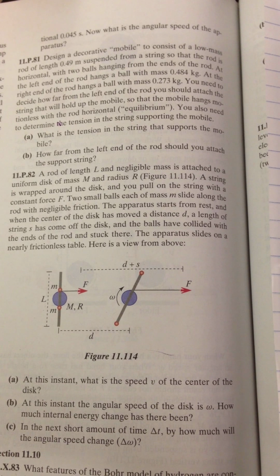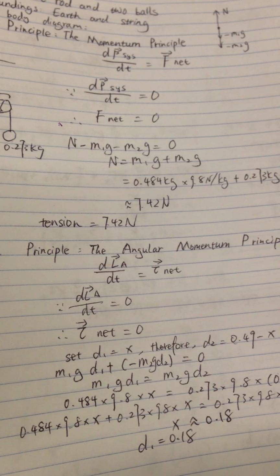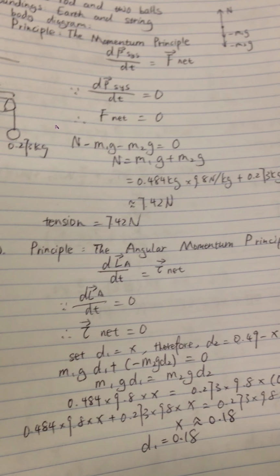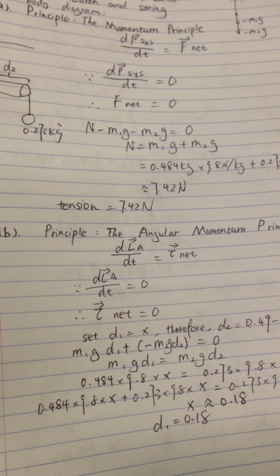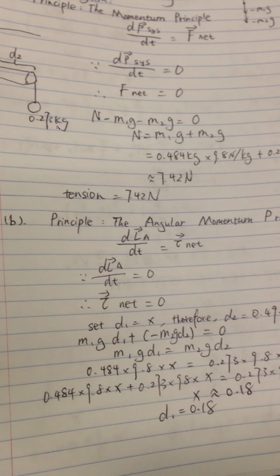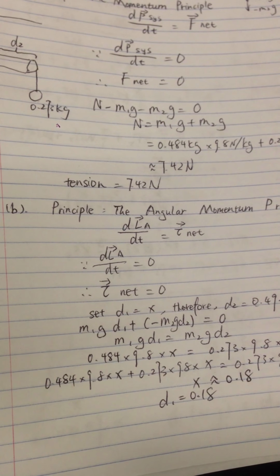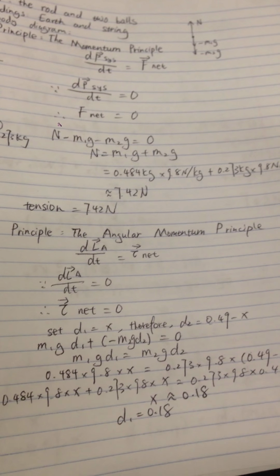The first question asks what the tension in the string that supports the mobile is. To solve this, we first write down one of the fundamental principles. We use the momentum principle here. So we write down dp_system/dt equals F_net. Because in this situation the rod and the balls system didn't move, the change of momentum equals 0. So F_net must equal 0 according to the fundamental principle.